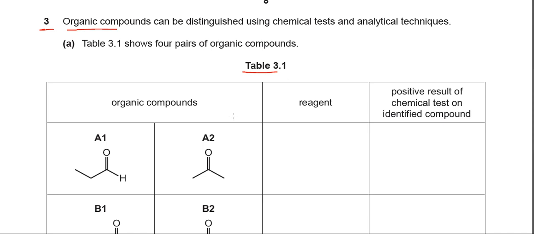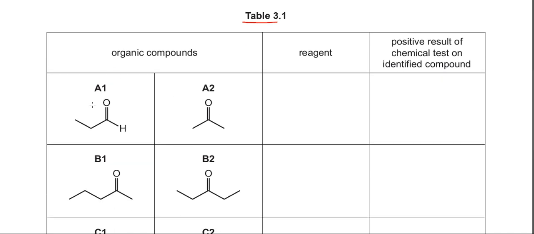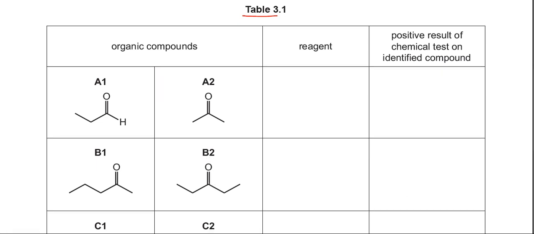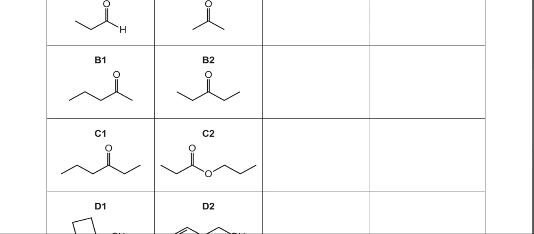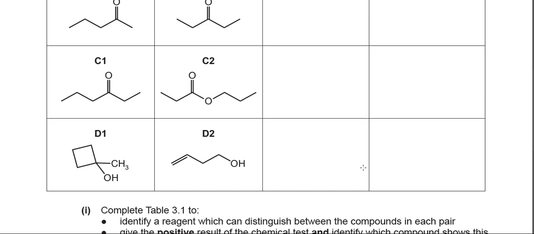So this is table 3.1, and if I just read this, A1 is aldehyde, whereas A2 is ketone. B1 is a ketone, B2 is also a ketone, and C1 is a ketone as well, whereas C2 is an ester. D1 is tertiary alcohol, and D2 is primary alcohol as well as an alkene.